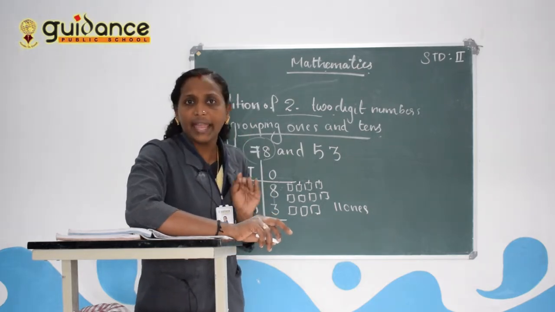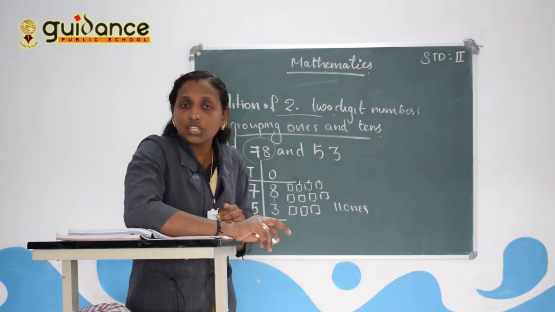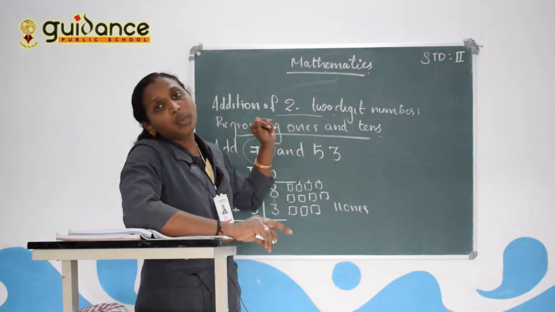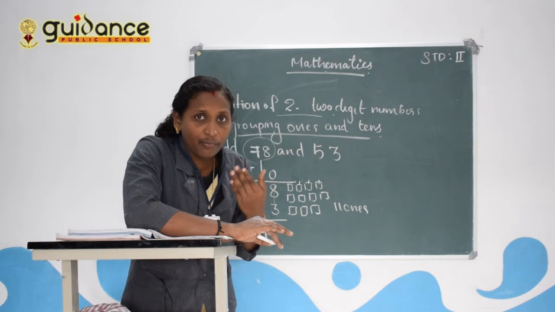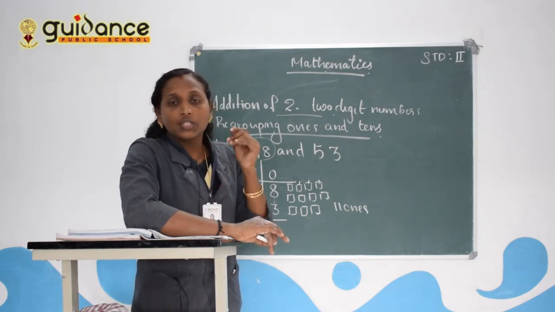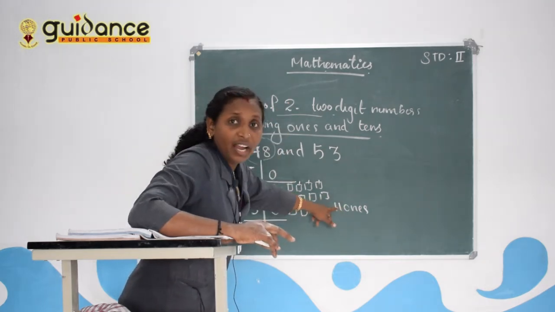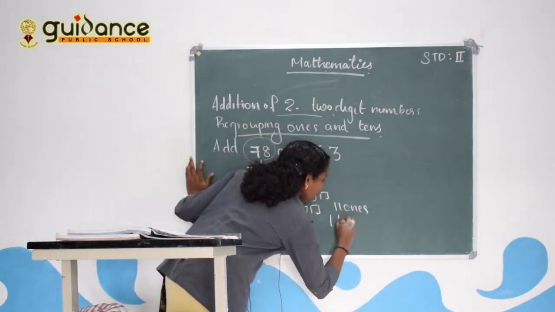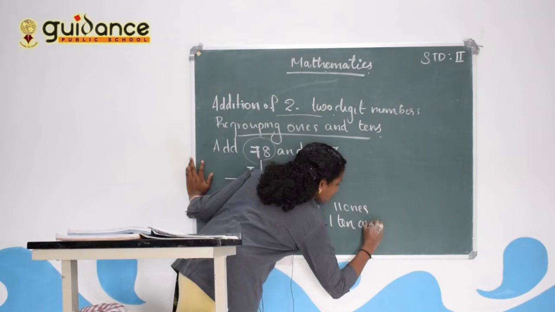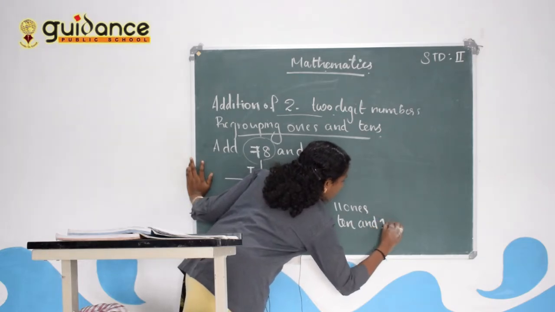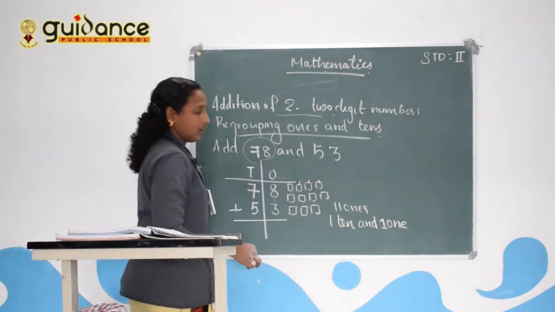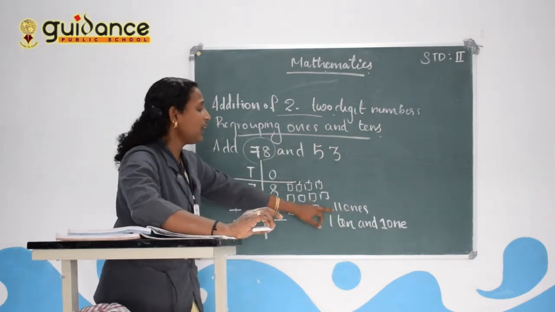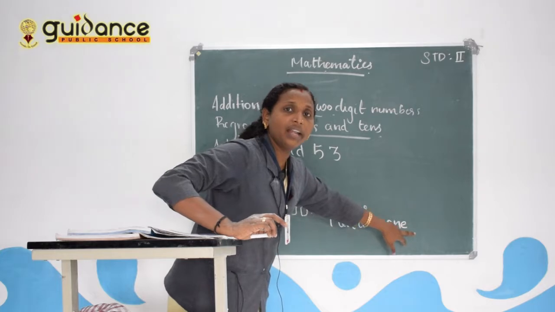That means 8 plus 3 is equal to 11. So it has 11 ones in the ones place. Okay. So regroup 11 ones into 1 ten and 1 one.